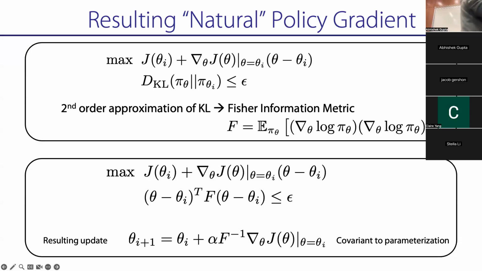Might be just my lack of understanding, but how are the parameters theta and theta i related to pi of theta and pi of theta i? I thought you converted the formula on the top to the formula on the bottom.